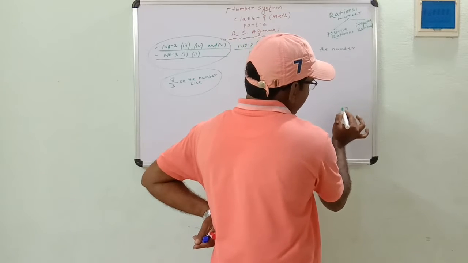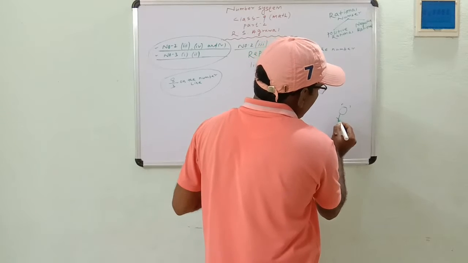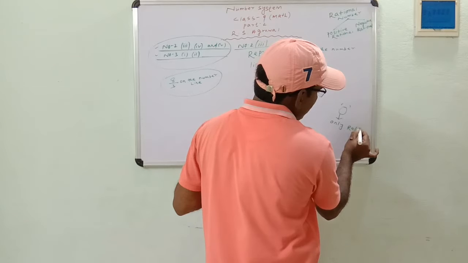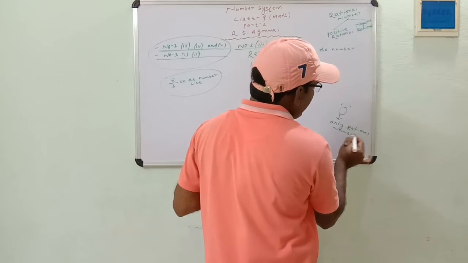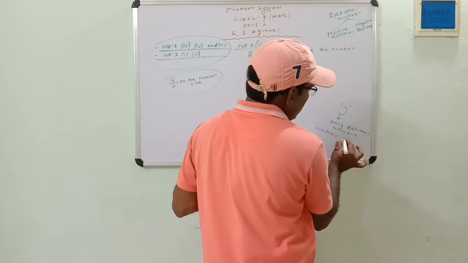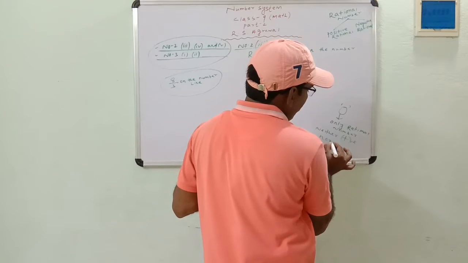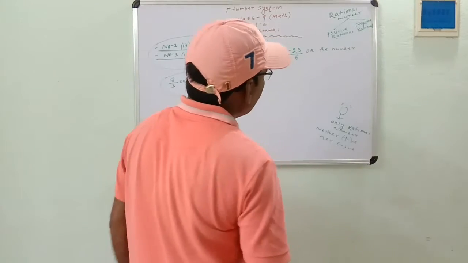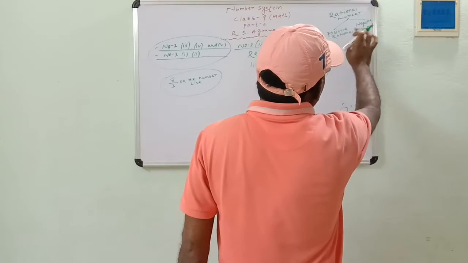It is neither positive nor negative. So rational numbers are of 2 types, positive rational and negative rational.